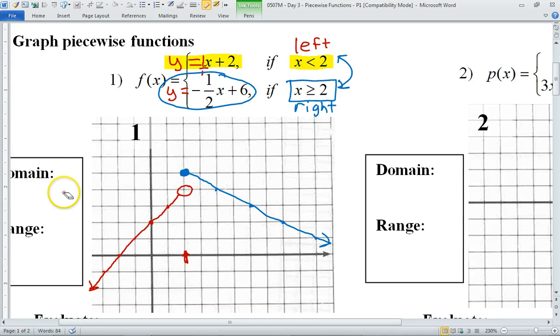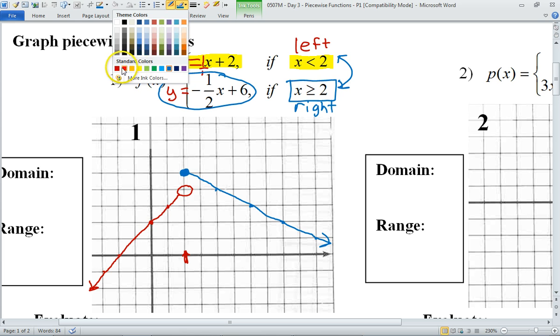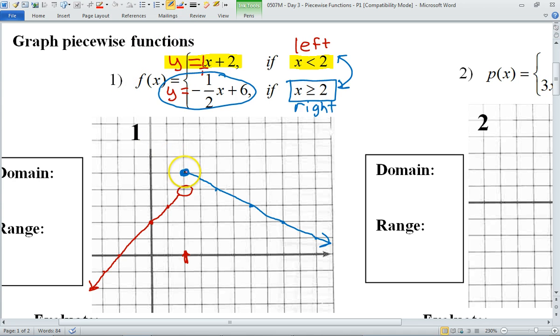So if half of the mistakes you make are that you will shade in the wrong sides of a line, say if I accidentally shaded in to the left, it wouldn't pass the vertical line test. Let me just show you real quick. Say if I made a mistake and I thought my graph will be graphed to the left. Say if I did this and I thought I would be graphing this side of the line.